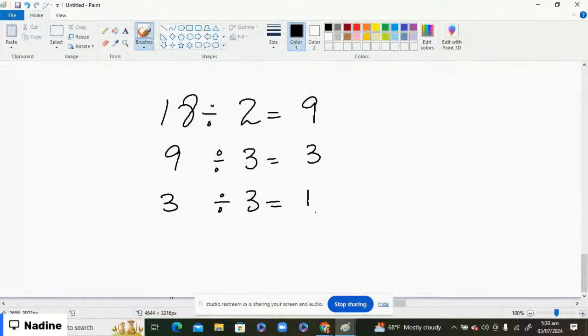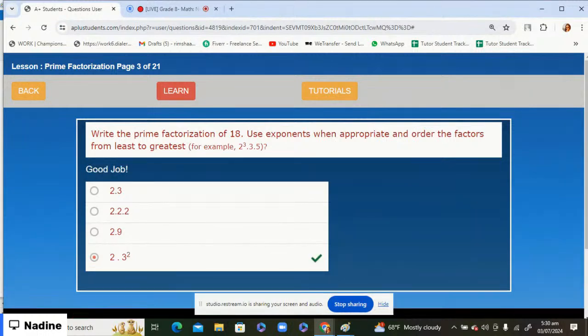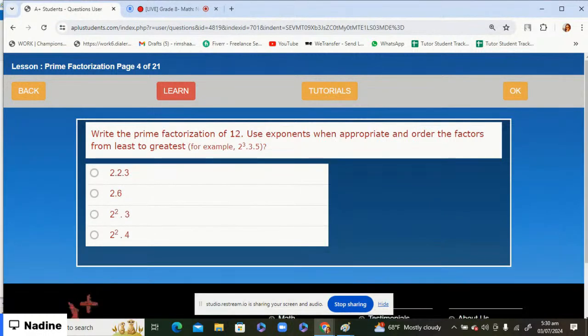Okay, now what are the factors for 18? 2 times 3 times 3. So 2 as it is here, 3 as it is here. How many 3s are here? 2. So we put 2 on the top. Okay, here we go.